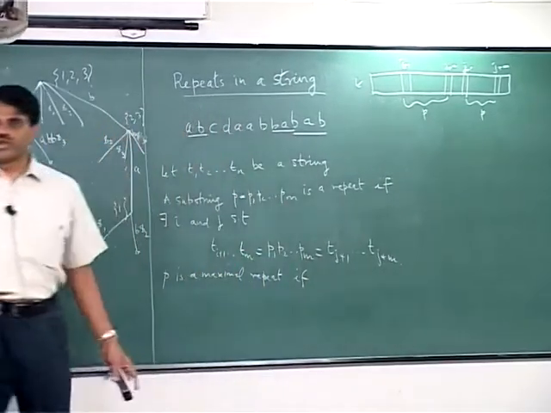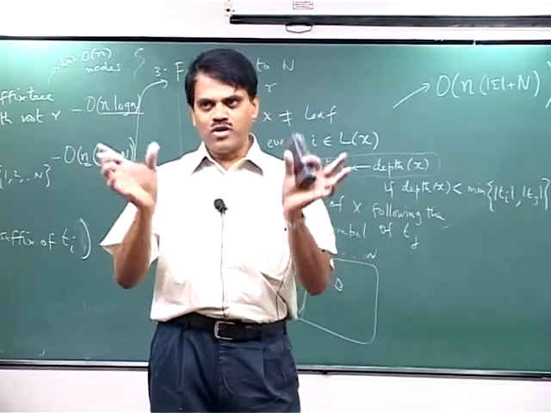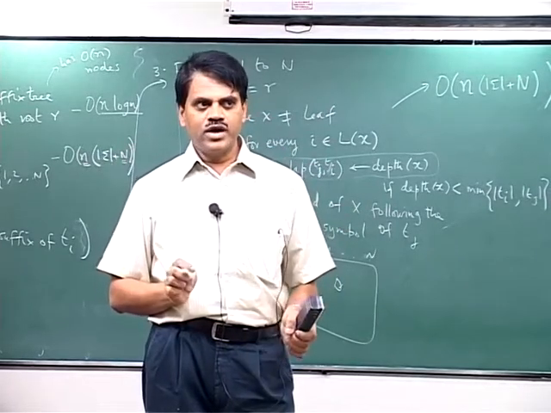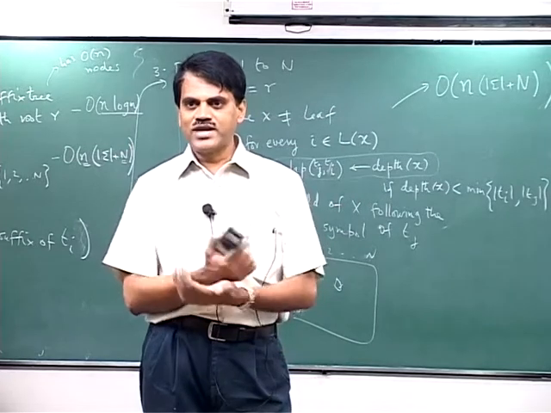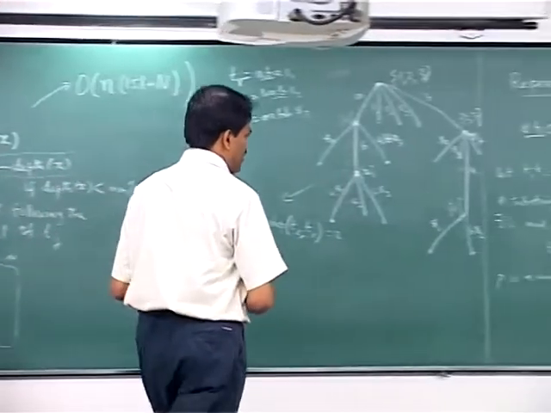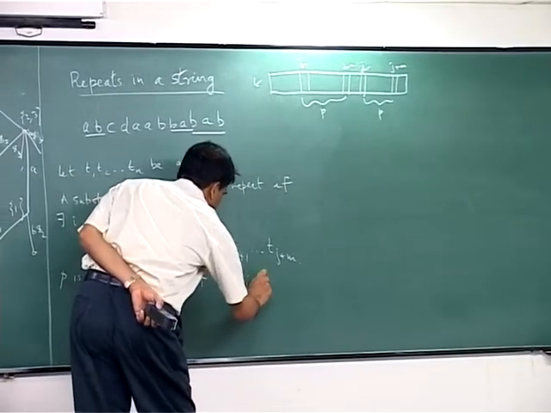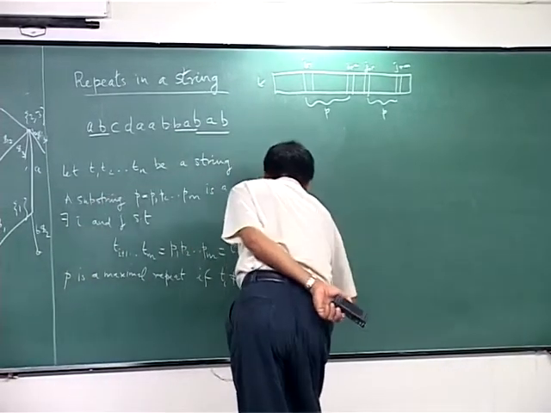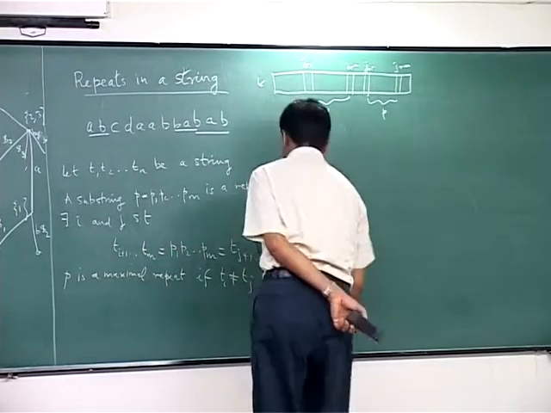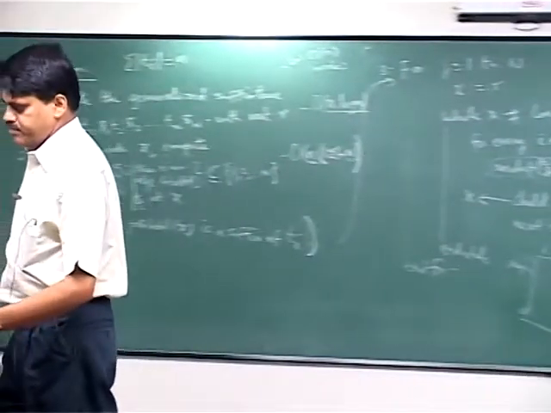This P is irrelevant, whatever substring that's repeating is a repeat. I want to call it a maximal repeat if I can't extend it to get a larger repeat, right? So for that to happen, Ti is not equal to Tj, and T(i+m+1) is not equal to T(j+m+1). The next symbols are not the same.